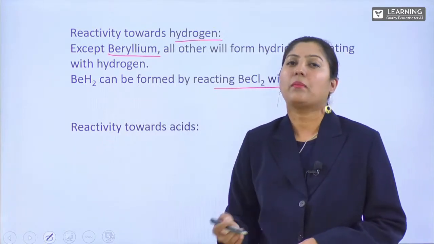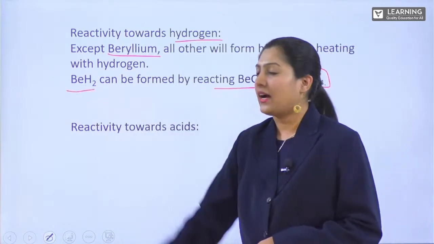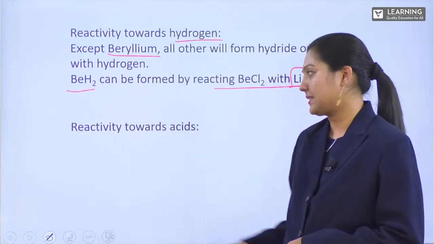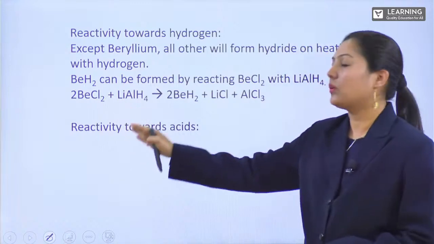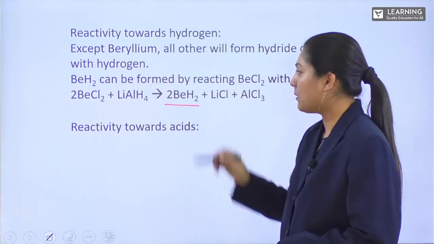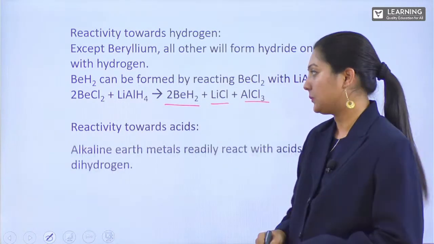Directly, beryllium will not react with hydrogen gas. Beryllium chloride reacts with lithium aluminium hydride to give beryllium hydride with lithium chloride and aluminium chloride.